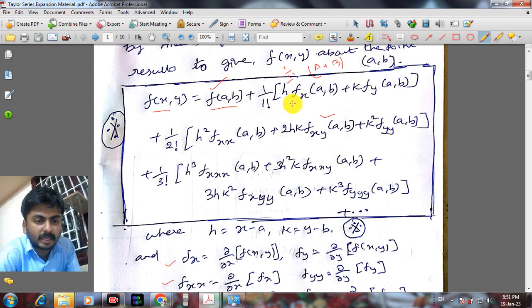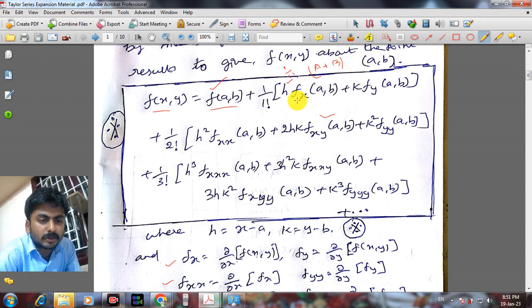Our A is h fx a comma b, and B is k fy a comma b. After 1 by 1 factorial we have to use 1 by 2 factorial of A plus B whole square.